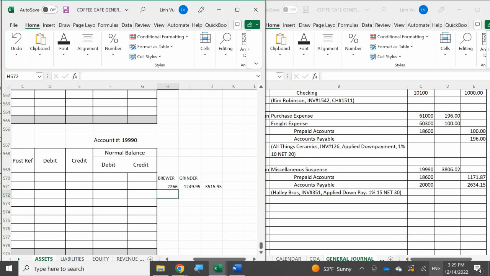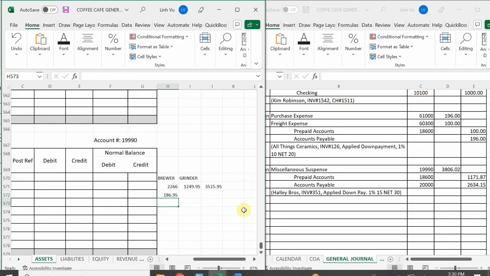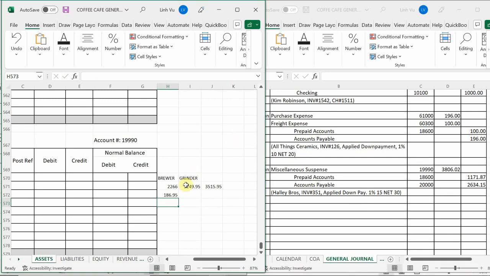So in this case, I need to prorate how much tax is going to go towards each item. I'm going to multiply by 8.25%. So how much tax is going to go towards my coffee brewer? $186.95. And then how much is going to go to my coffee grinder?